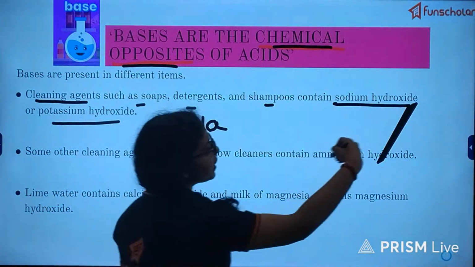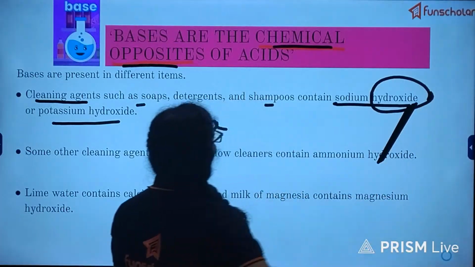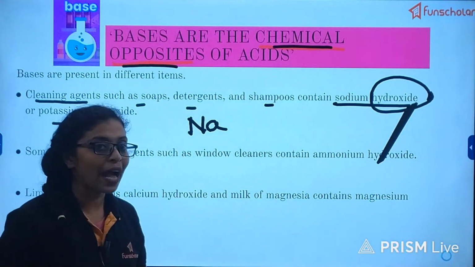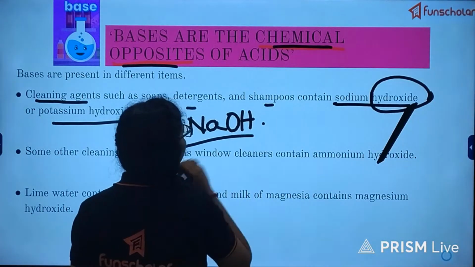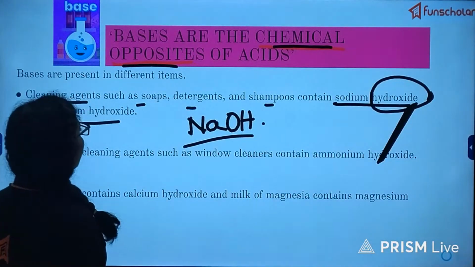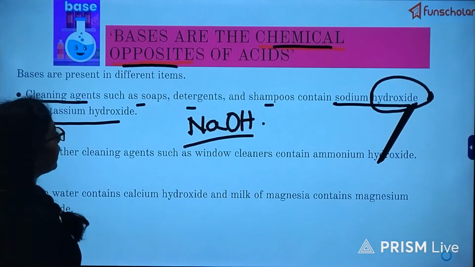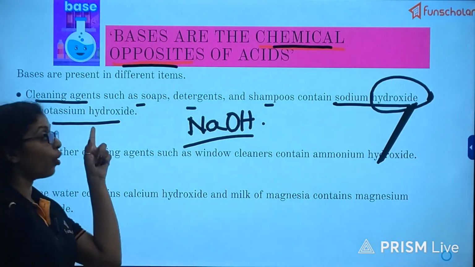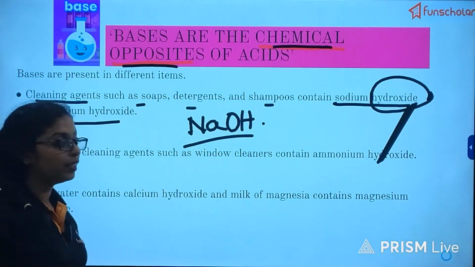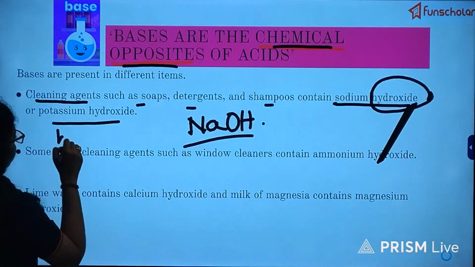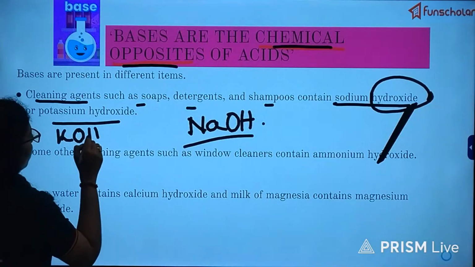And the example is saying hydroxide. So what is the symbol of hydroxide? Sodium hydroxide. From here you can definitely write the formula of potassium hydroxide as well. What will it be? It will be KOH.